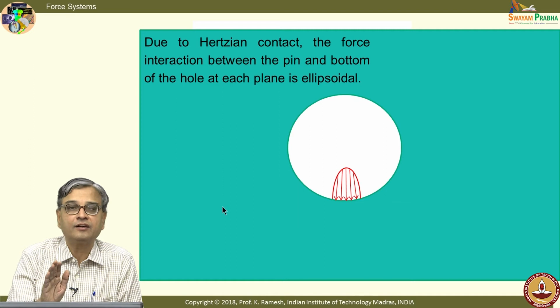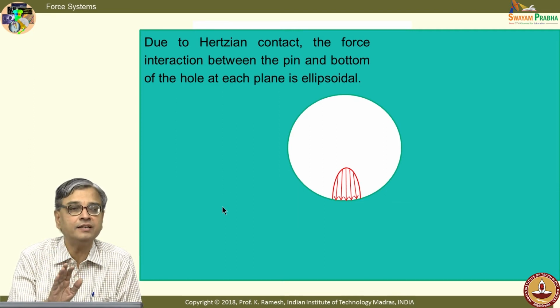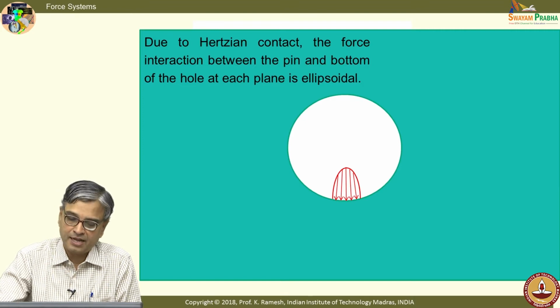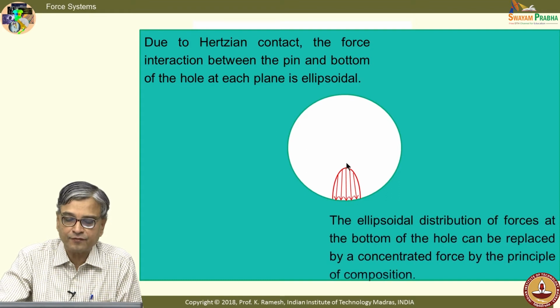In reality, all bodies are deformable. As an idealization, we make it as rigid. That makes our life simple. And by the principle of composition, I can make this force distribution as a concentrated force.